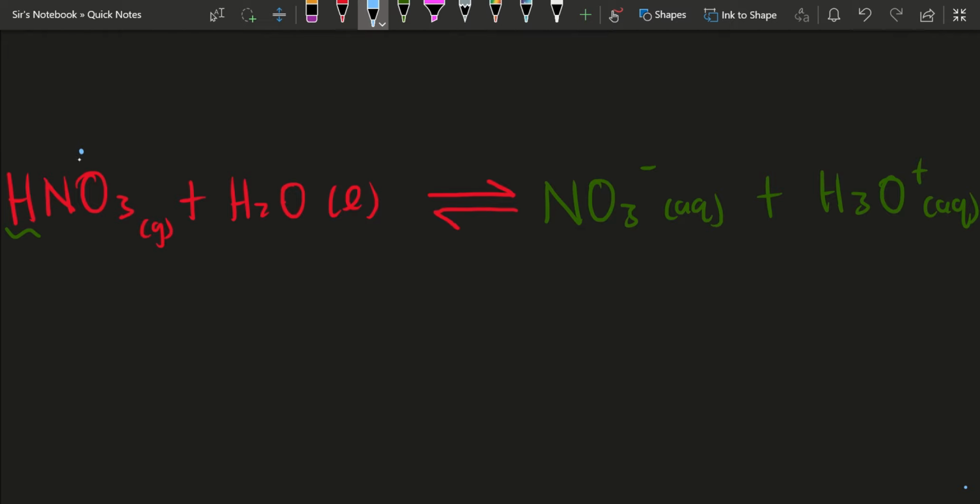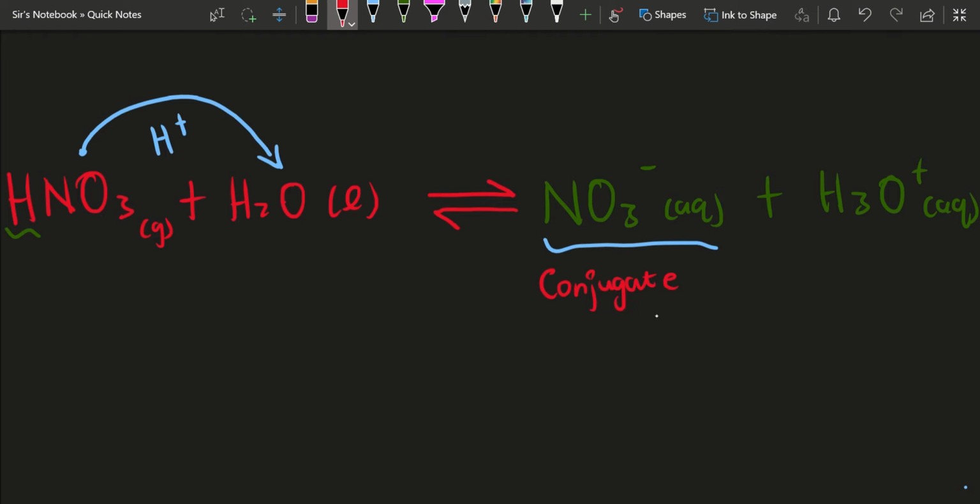Our acid in this case is nitric acid, and it donates a proton. What are we expecting nitric acid to form? Since nitric acid donated a proton, we are expecting it to form a conjugate base. In this particular case, our conjugate base is the nitrate ion.